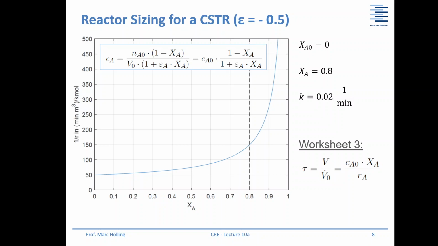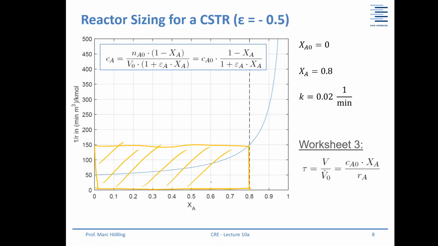So you have to do the same. If you want to know how big your reactor should be, it's the conversion times your start concentration divided by the reaction rate.